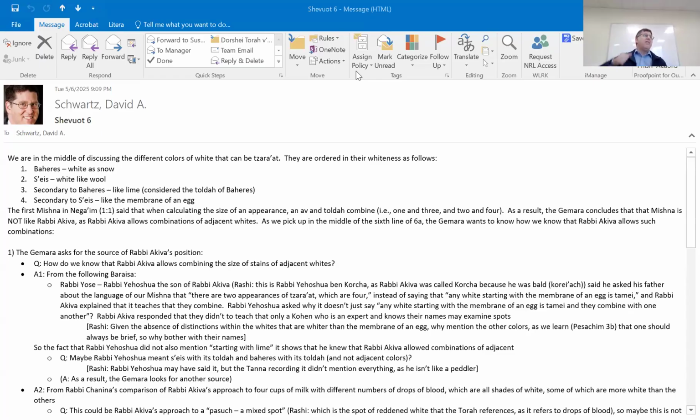That implies that the nature of the connection between Krum Beitza and the things that are more white than it is similar to the nature of the things that are Kisid and more white. And so as a result, it must be that Rabbi Akiva is saying that each one is adjacent and not that we combine 1 and 3 and 2 and 4.